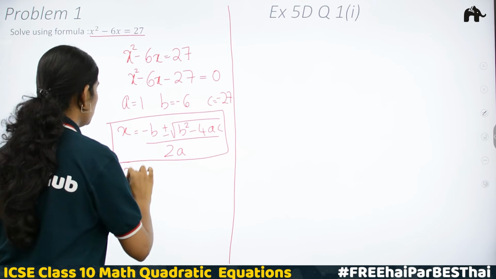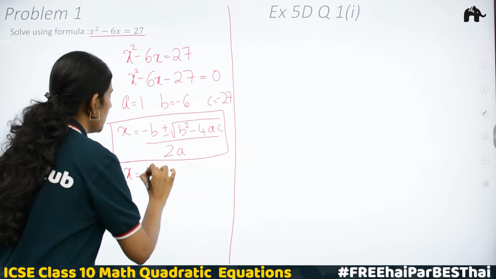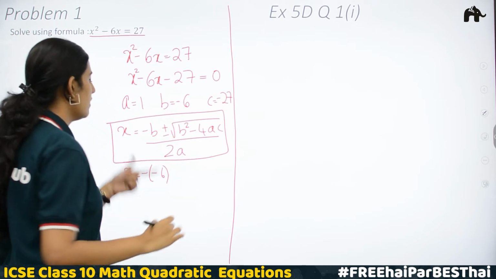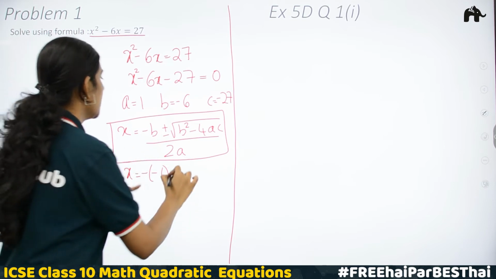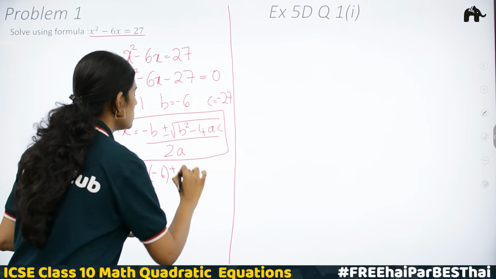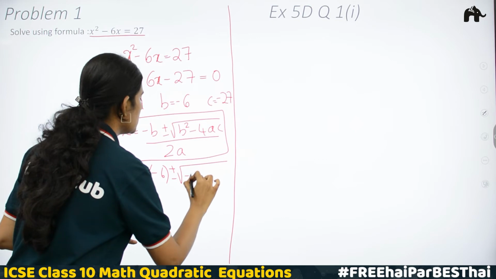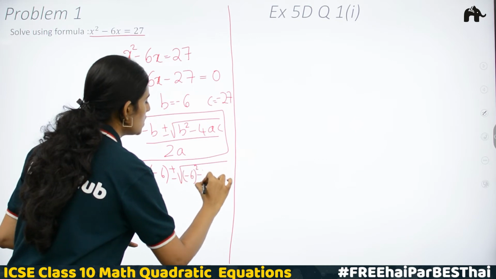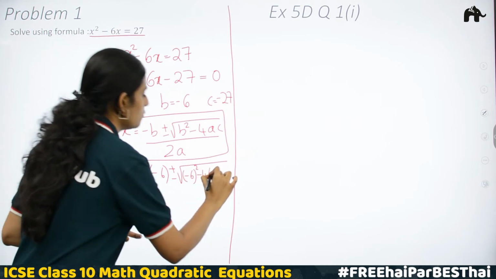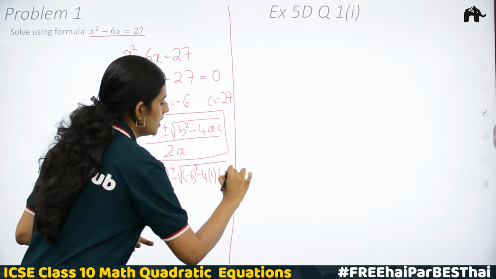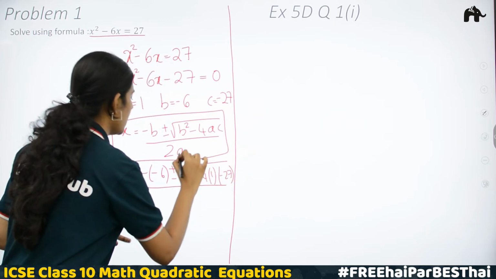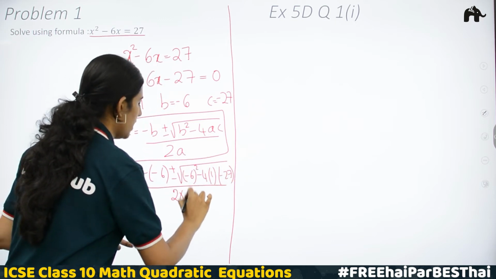X is equal to minus b, minus of minus 6. Never forget this negative sign. Plus or minus root of b square, minus 6 square, minus 4 into a is equal to 1 and c is equal to -27, whole divided by 2a, 2 into 1.